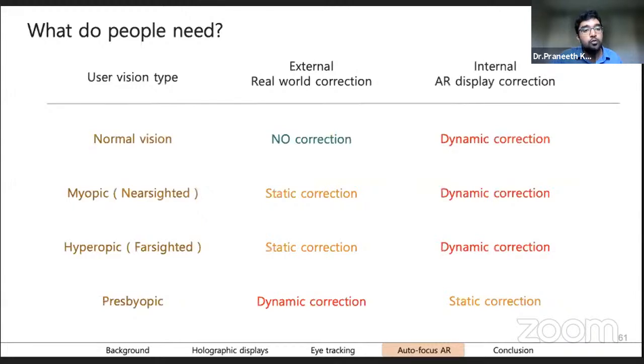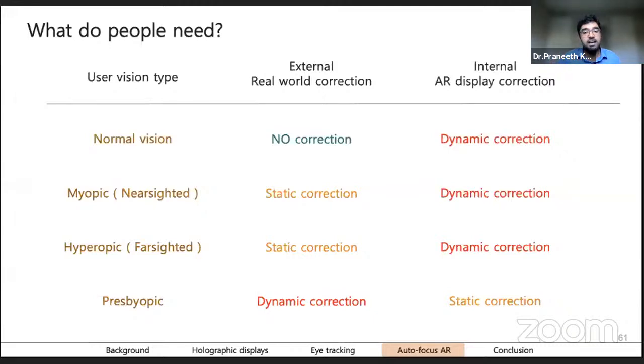So what do people actually need, right? A person with normal vision needs no correction for the real world because he can look at different distances or different objects in the real world pretty comfortably. Whereas the AR display, or the internal display as I call it here, should show dynamic correction.